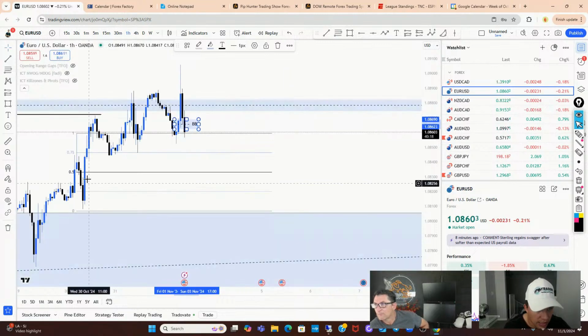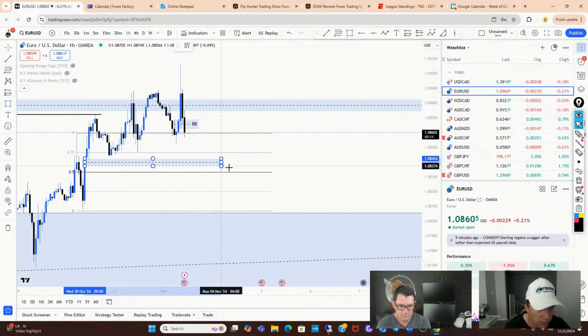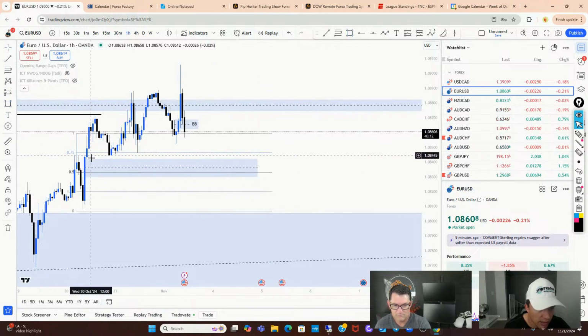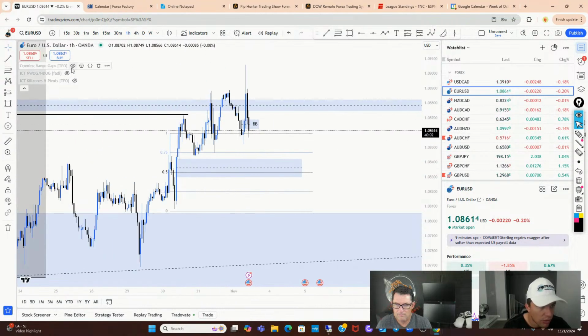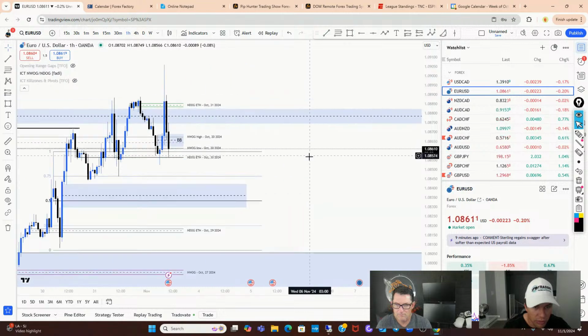So going to the 1 minute again, you have this right here as well. This 1 hour inefficiency, we had price just tap into. This is institutional order flow where we had that run to the upside. Came back, another run to the upside. So again, let's look at our new weekly opening gaps here.